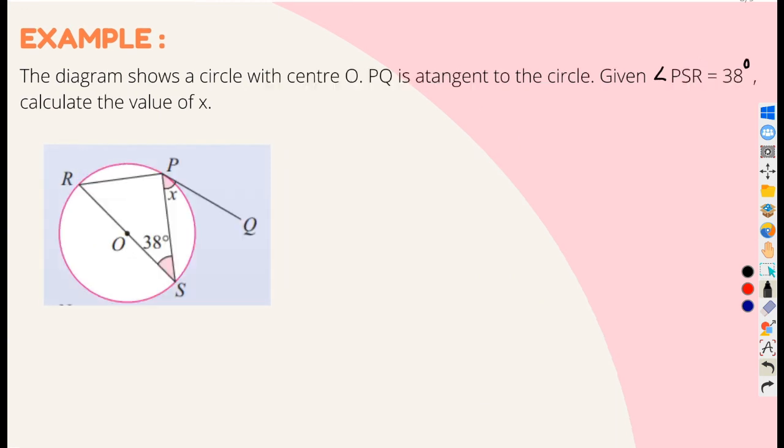Okay, now we move on to the next example. The diagram shows a circle with center O. PQ is a tangent to the circle.